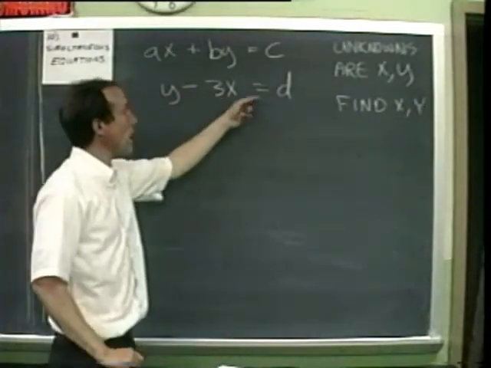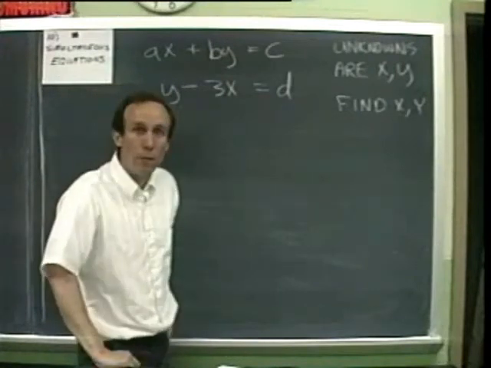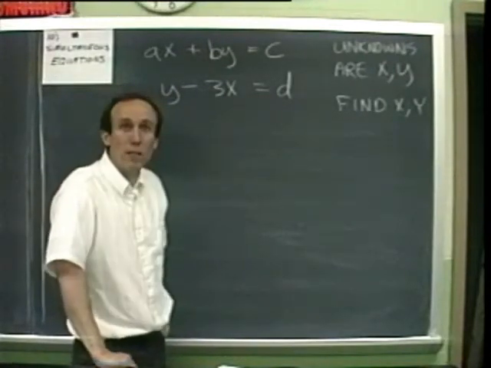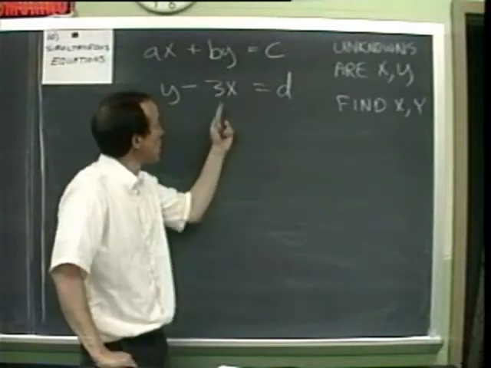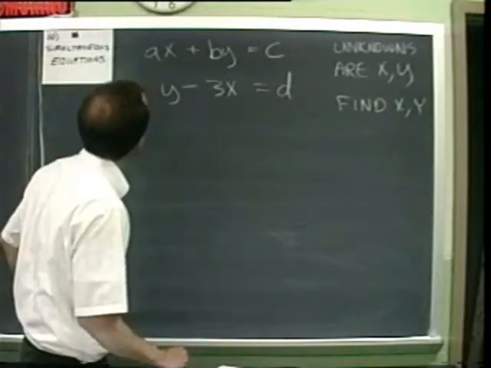If I just add 3x to both sides, I can say y is equal to 3x plus d, but that just gives me an expression for y in terms of something else that's unknown, the x. There's an x that appears in there.